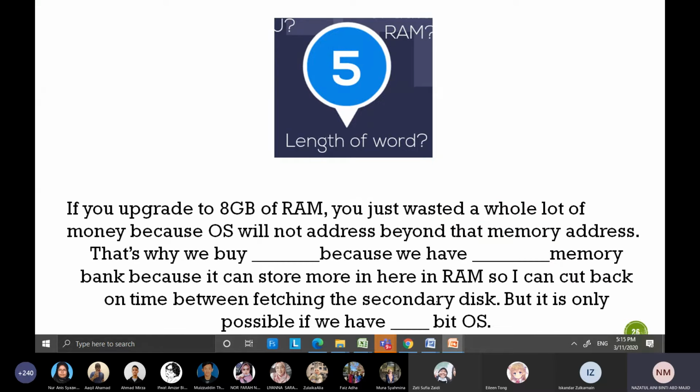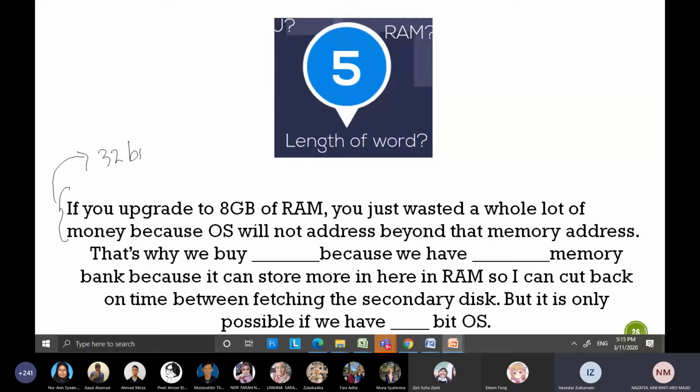So this is my question just now. If you upgrade to 8 gigabytes of RAM, you just wasted a lot of money because the OS will not address beyond that memory address. So what do you think this situation is for, 32-bit or 64-bit? 32 bit.